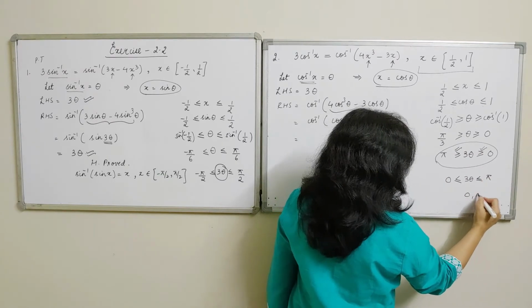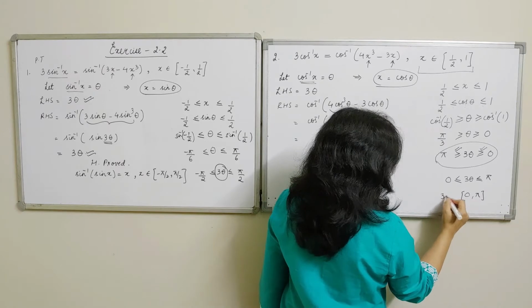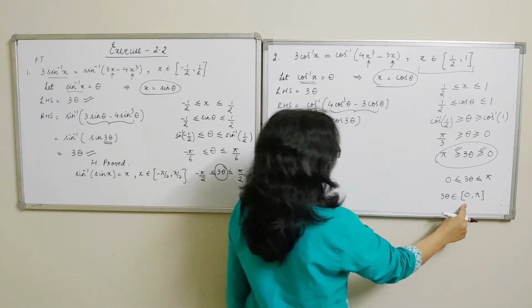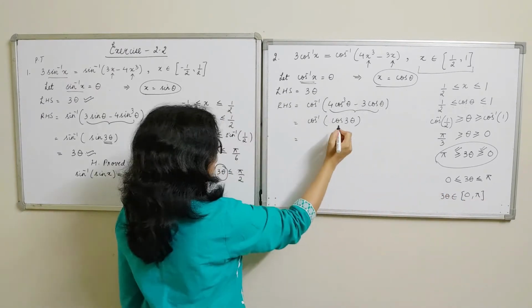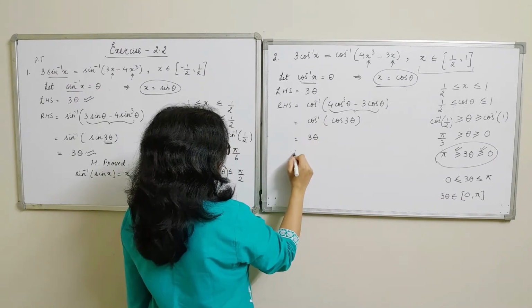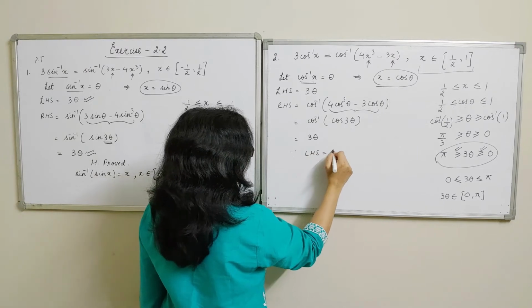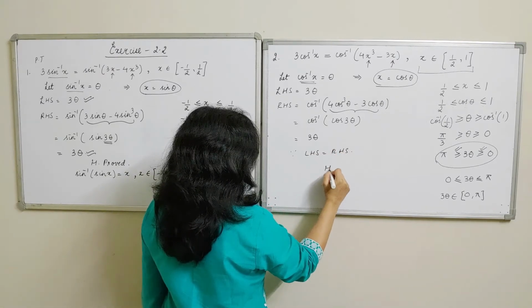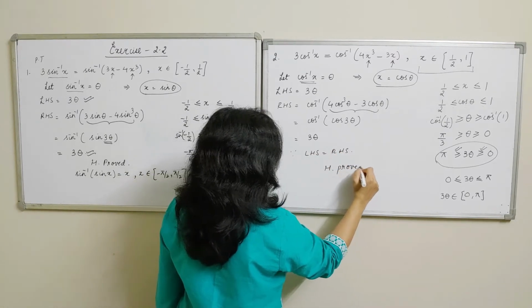So we know that the angle 3 theta belongs to the principal branch of the cos inverse function. Hence this result can be written as 3 theta. Since the left hand side is equal to the right hand side, we have proved this result.